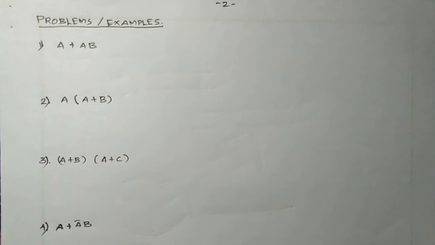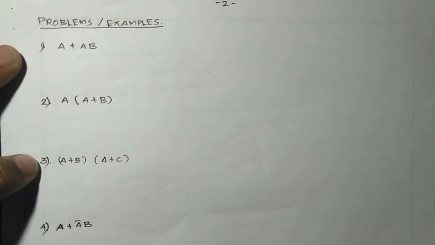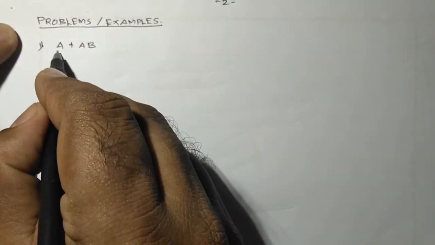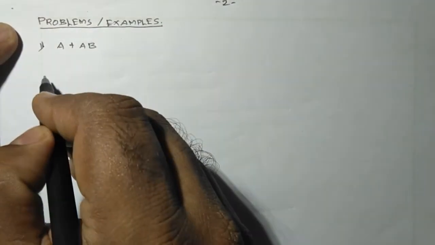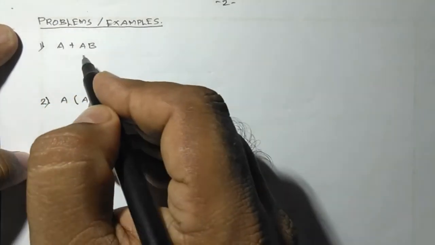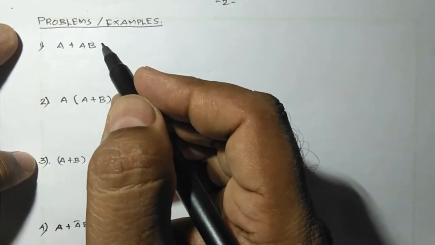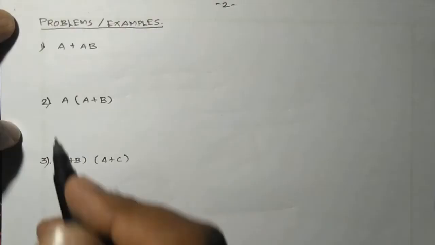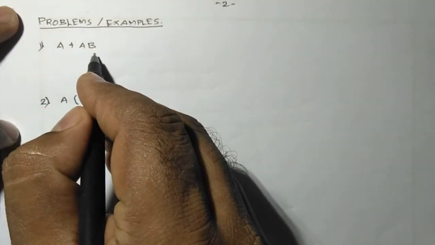Now we shall do some simple problems using the theorems we have just seen. The first one is A or A and B. Although the dot sign is not here, it is A and B. How could we simplify this? So we know that A is common in both terms.